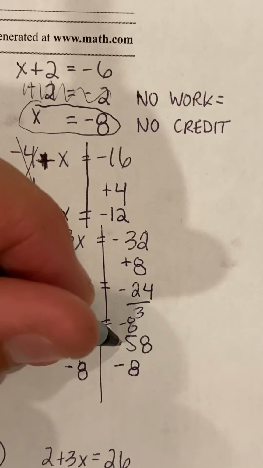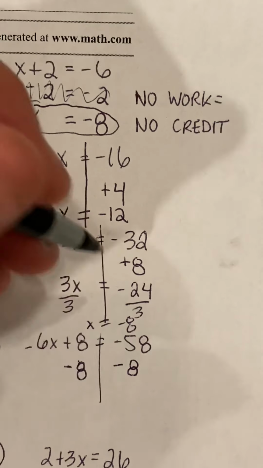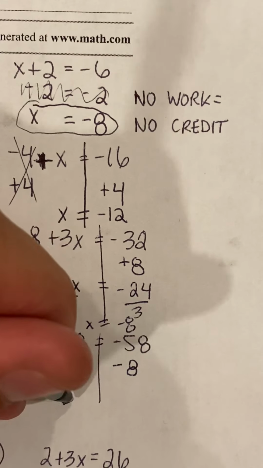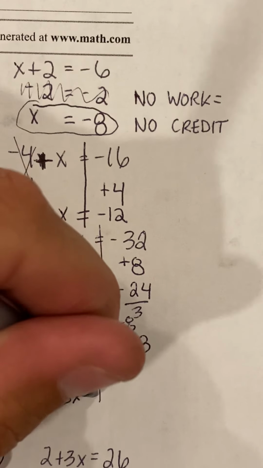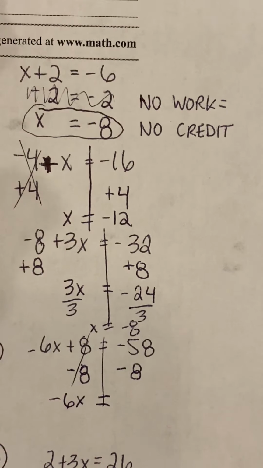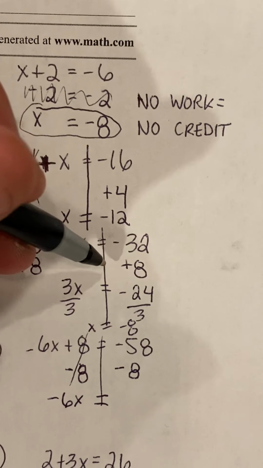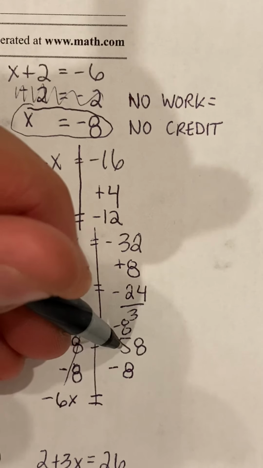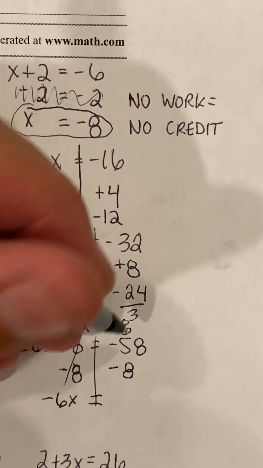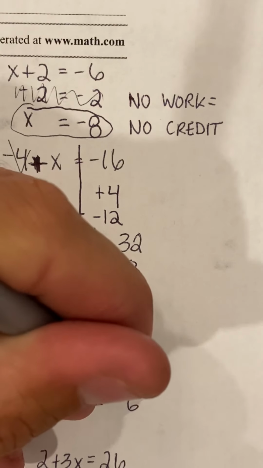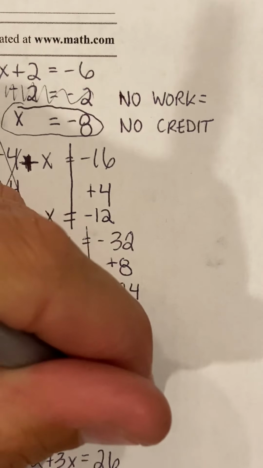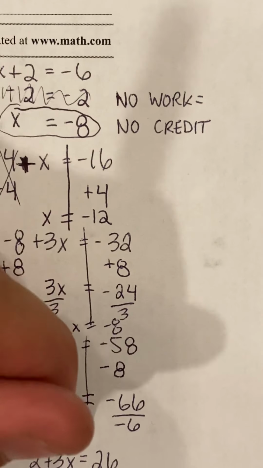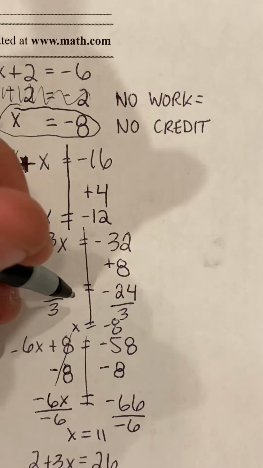So if I'm at -58 and I take 8 away, now when I simplify, and now I have my -6x, that cancels. Do that if it helps you. You can see above I didn't do it there, but -58, and I'm going to take 8 more away. Now I'm at -66. When I divide, I have 2 negatives. They become a positive. X equals 11.